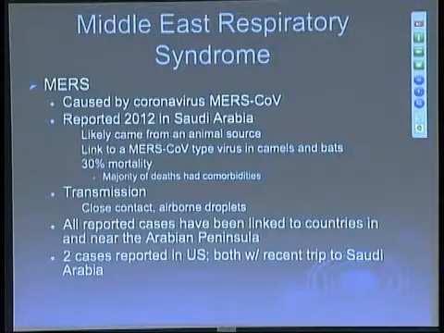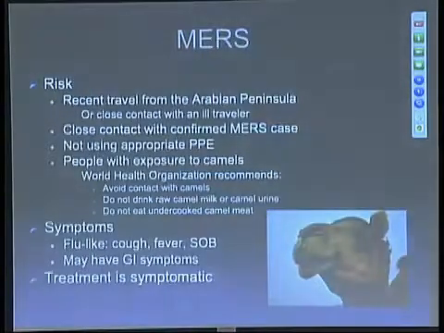Transmission, once again, is close contact and airborne droplets. All reported cases have been linked to countries in or near the Arabian Peninsula. We've had 2 cases in 2012 in the United States. Both had been in Saudi Arabia recently, so that's where they picked it up.